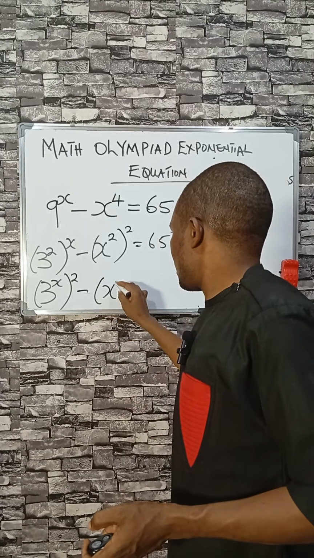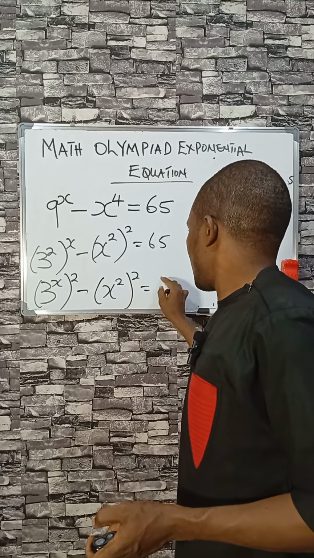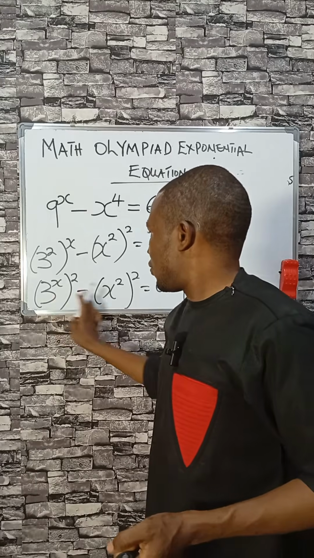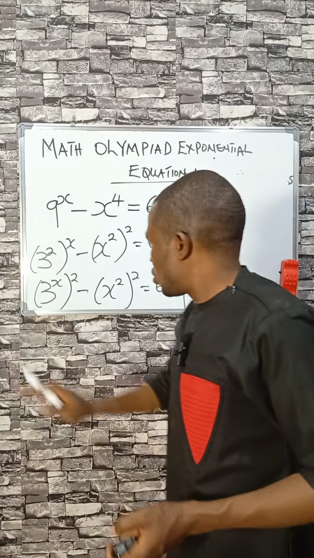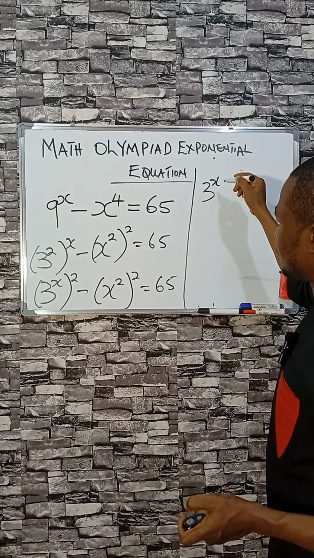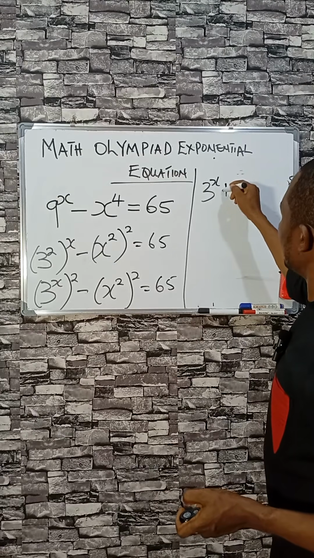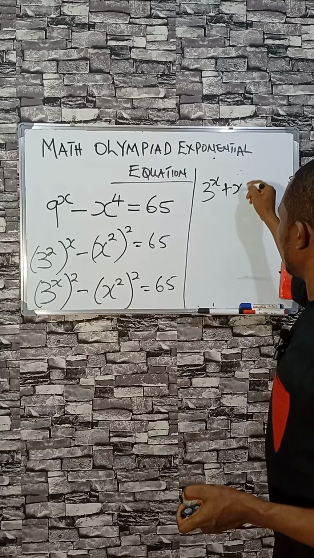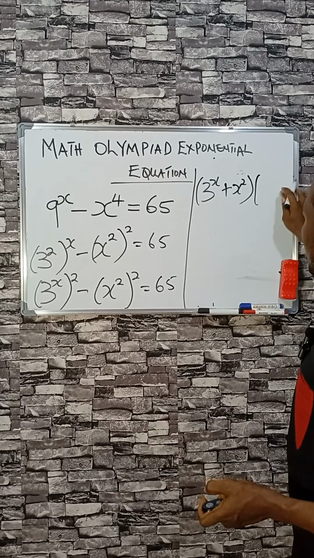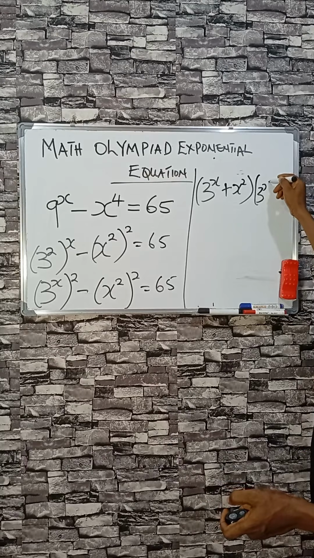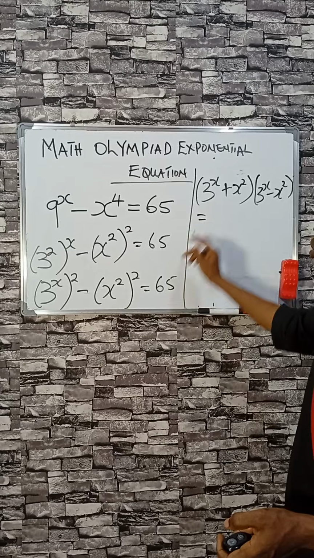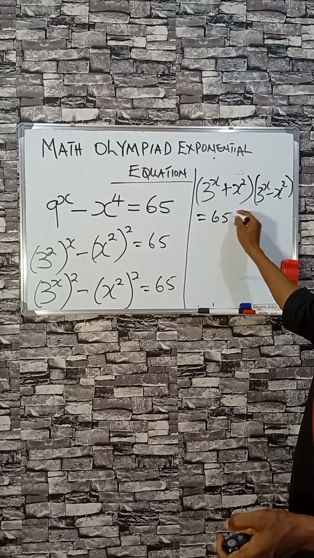If we check closely, this is a difference of two squares. So if you apply that, we will have 3^x plus x squared as the first bracket, and the second bracket 3^x minus x squared, and we are told that they are equal to 65.